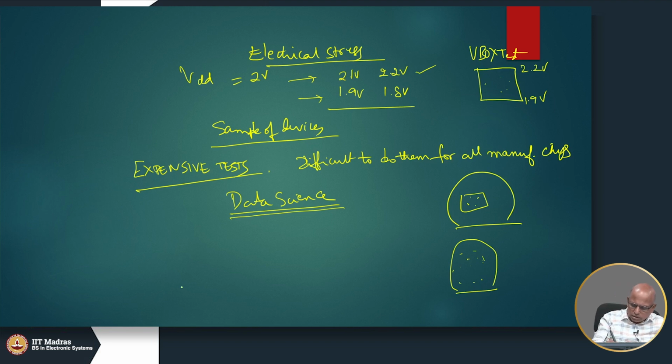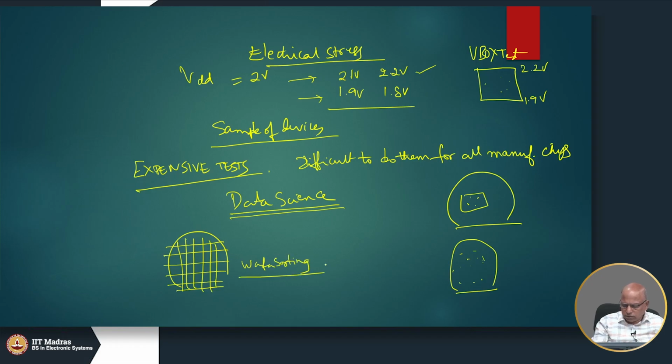When they apply these tests, they may first apply them at the wafer level itself. It is called wafer sorting. Some simple tests are performed at the wafer level, maybe a continuity test.